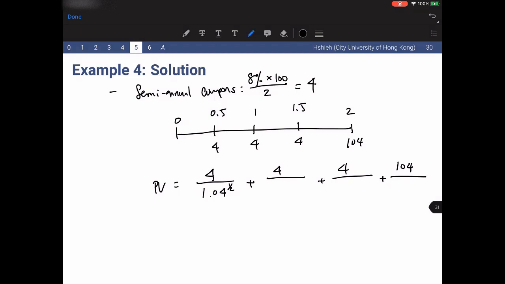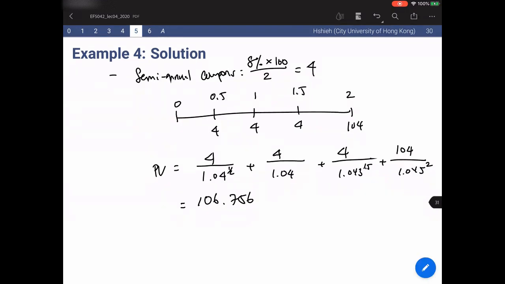Our 1 year effective annual rate is 1.04 to the first power. The 1.5 year mark is 1.043 to the 1.5 power, and the final 2-year payment is 1.045 to the second power. And if we calculate this out, we will get $106.756.